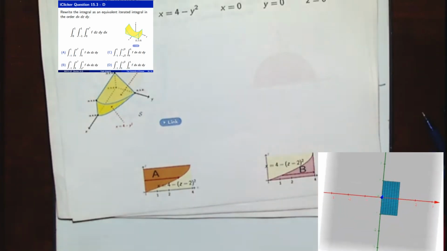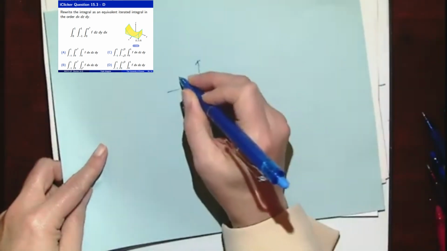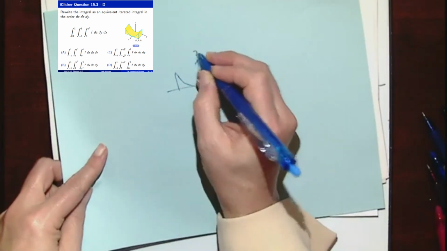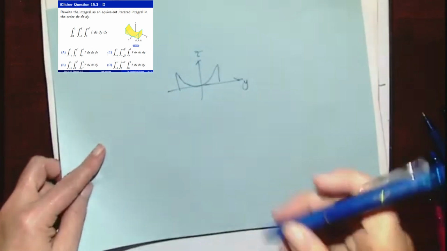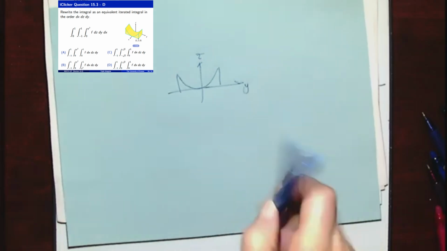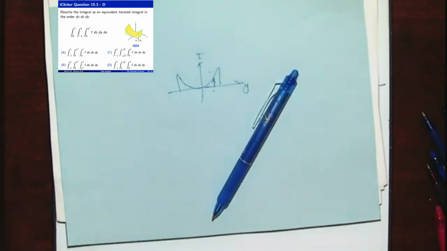When you find the x, then you end up with this shape. And it's asking you to go what direction? It says z first. Z first goes from that to that. Everybody followed? Are we good?